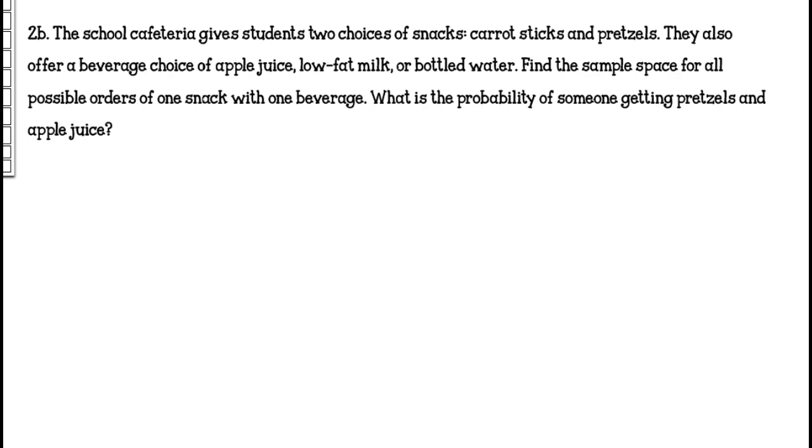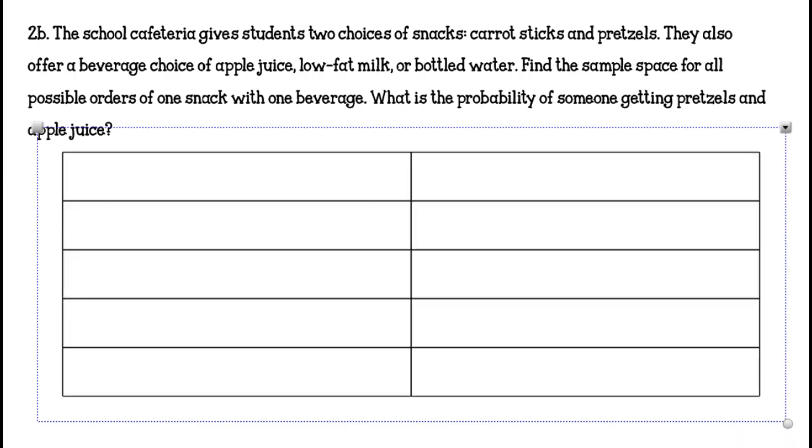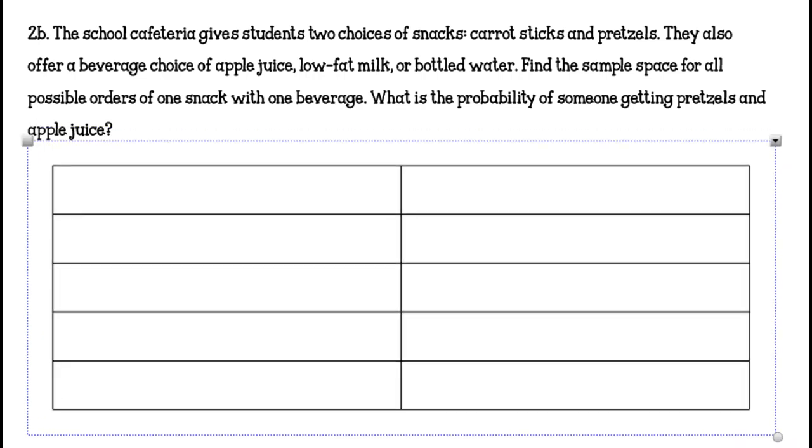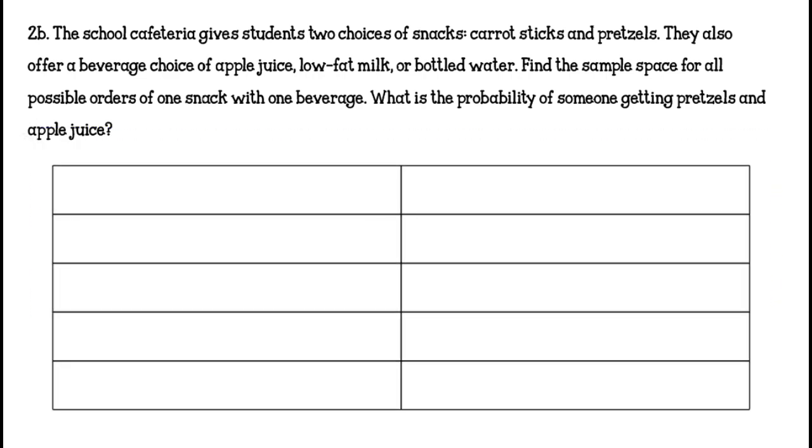So I'm going to make a table, and we're going to say that there's the snack choice of carrots, and with carrot, they could get apple juice. I'm just going to say juice.